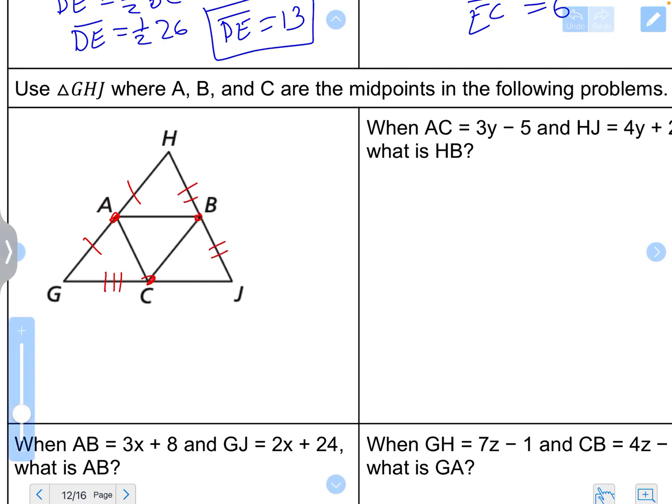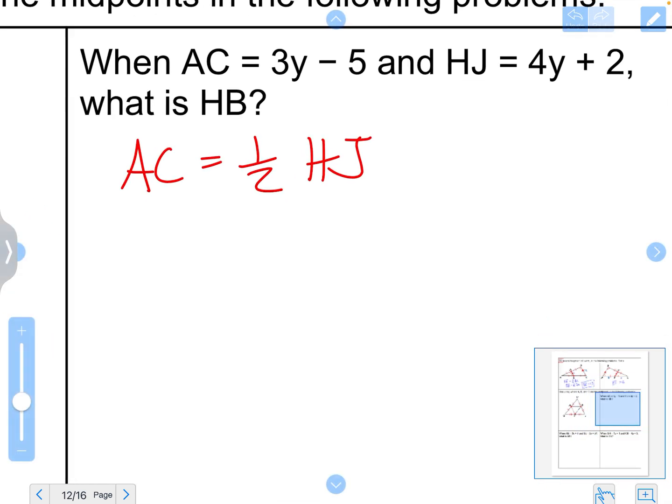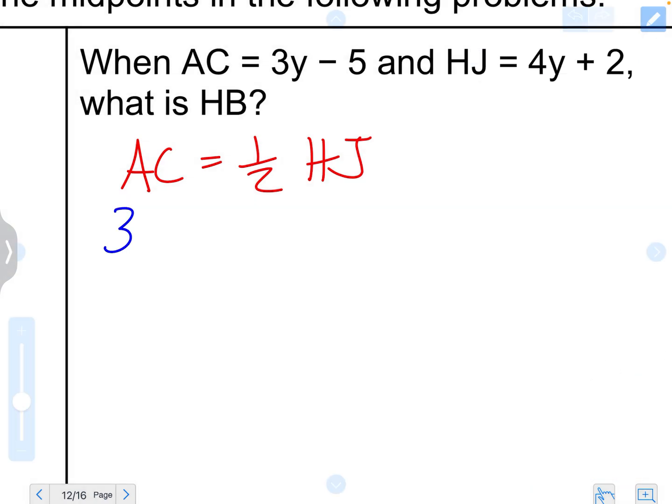And again, you can go look at the triangle on the previous page because it's the exact same triangle as this one. So they're telling us AC and HJ is what it gave us. So we know that AC equals 1/2 HJ. So now we can plug in our numbers and we can solve.